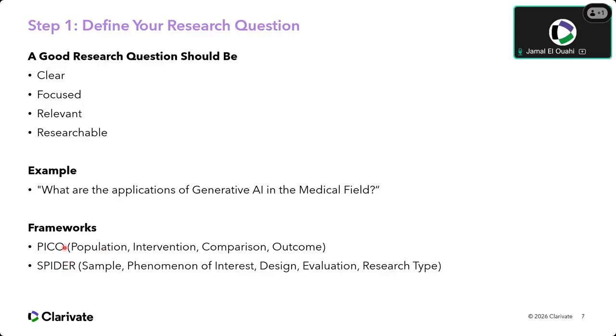So you take a sample, phenomenon of interest, design of your study, you evaluate, and then look at the different research types. So in your case, you could use the PICO framework: the population you are interested in, the intervention of the study, comparison, and then the results or the outcome of those interventions.